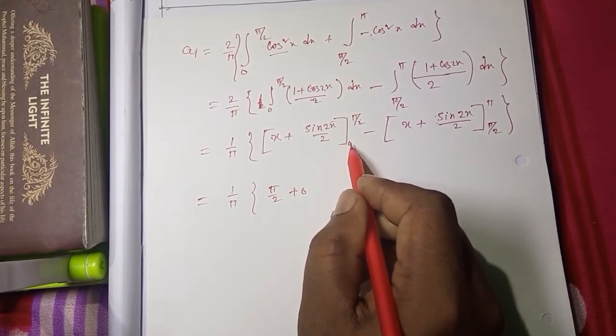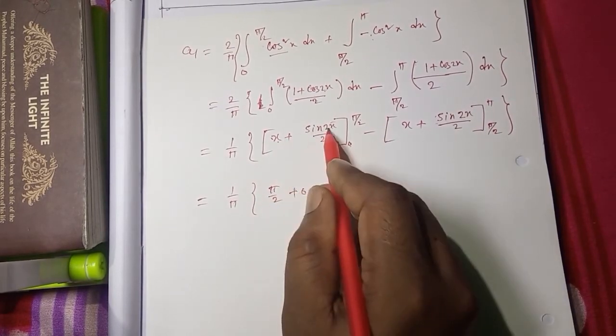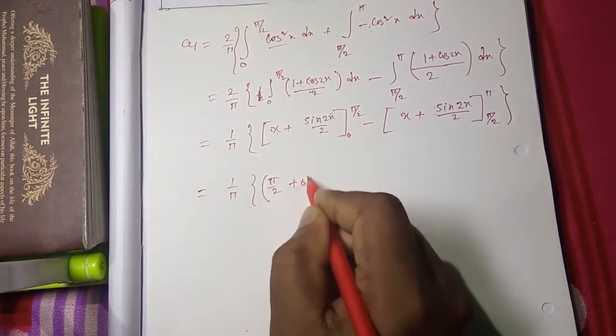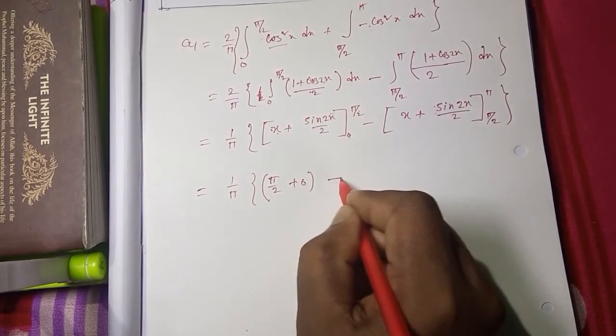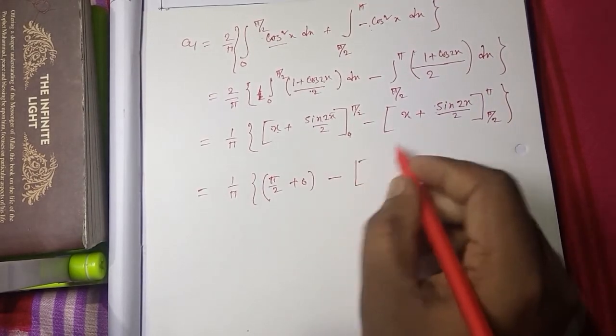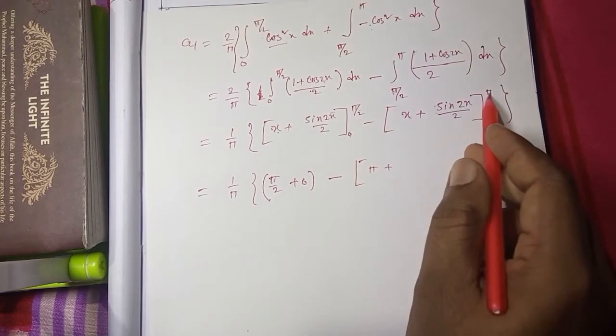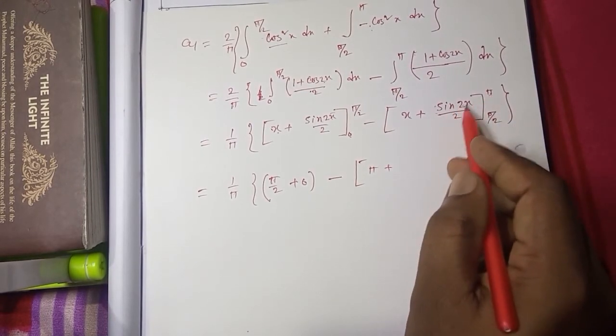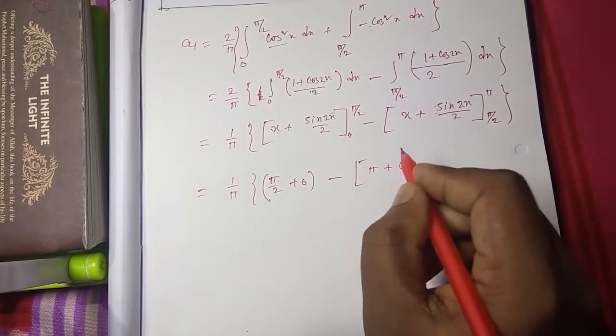And if we put upper limit 0 here, this is 0 and this is 0. Minus, if we put pi by 2 here, this gives pi plus sine of 2 pi by 2, this is sine pi, which is 0.